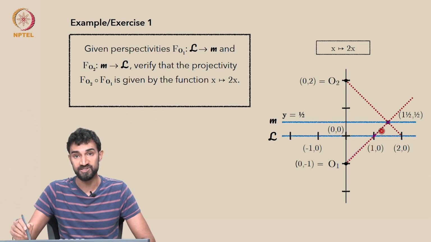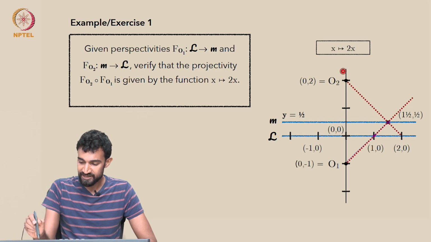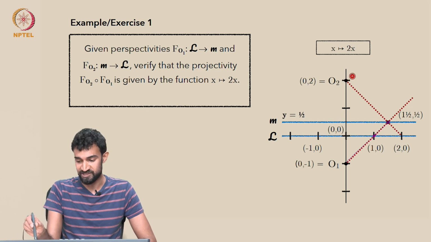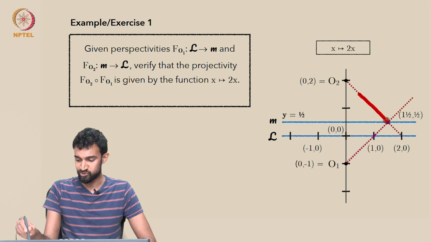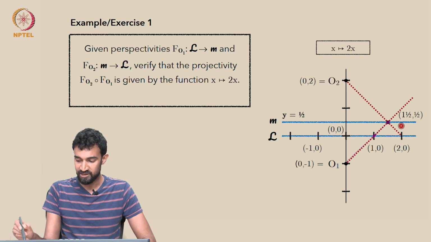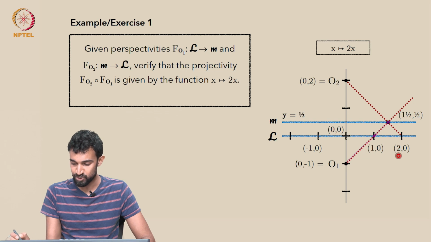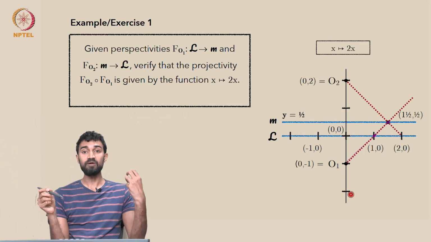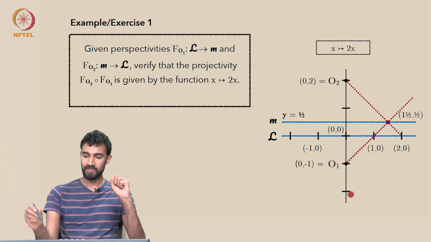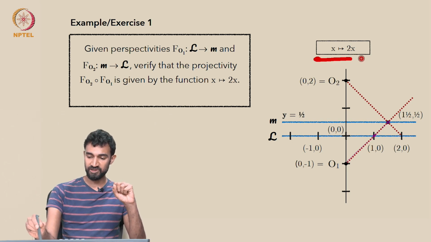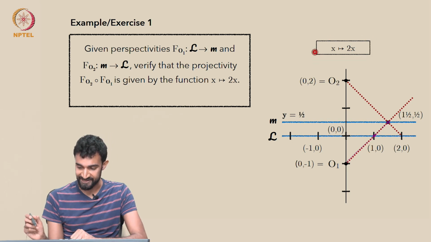It's another horizontal line. So it's projecting this point up to (1.5, 1/2). Then our second perspectivity, centered at O2, is projecting this line back to L, and it's projecting it to the point (2, 0). So it's taking (1, 0) to (2, 0), or as a function of the real numbers, it's taking 1 to 2. And I claim that it's generally taking x to 2x for any x.